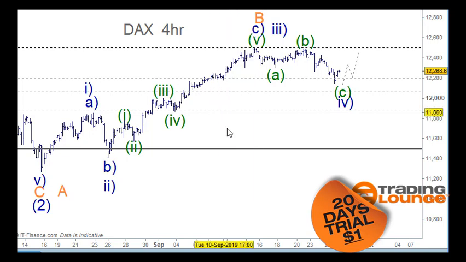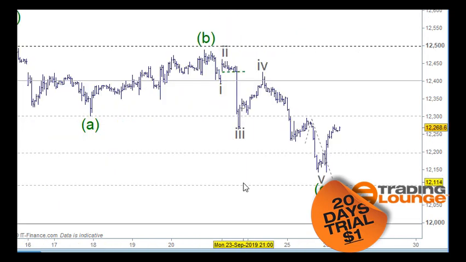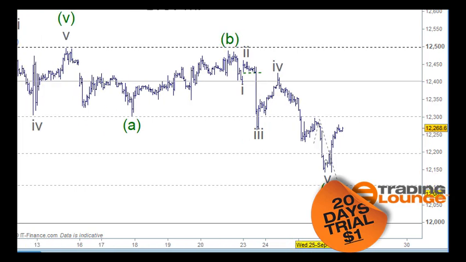So from the 4-hour chart to the 1-hour chart. When we spoke yesterday, we were looking at this as 1, 2, 3, 4, and then 1, 2, 3, 4, 5 here, and having a low down pretty much where we anticipated it to be. So an A, a B and a C wave here.